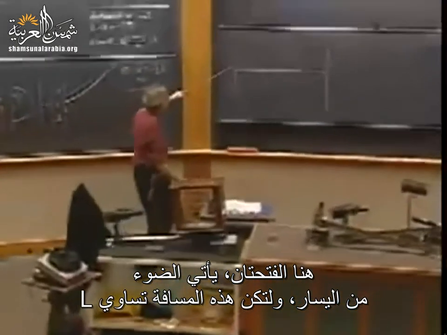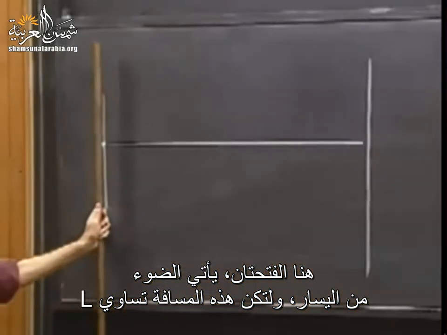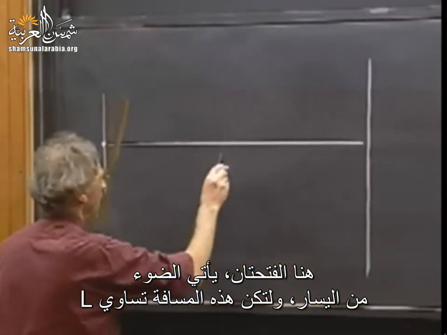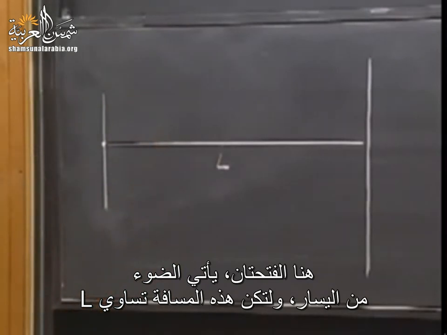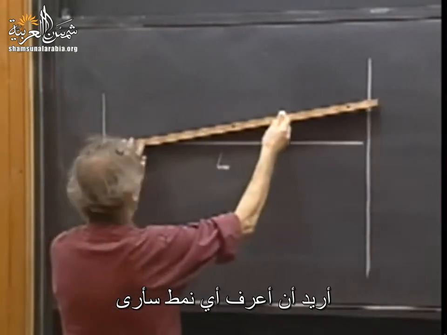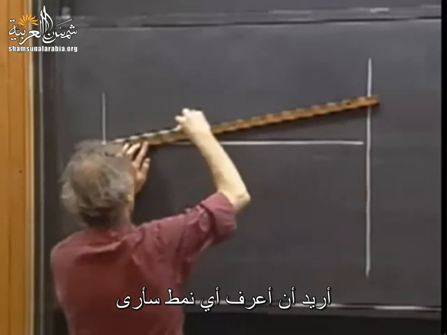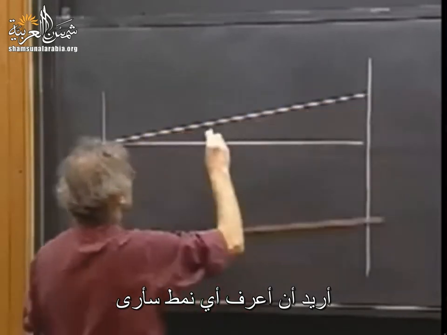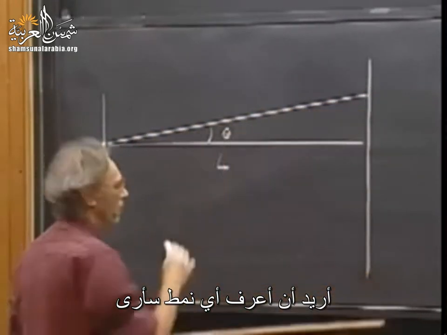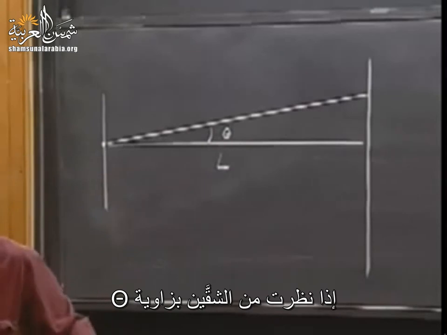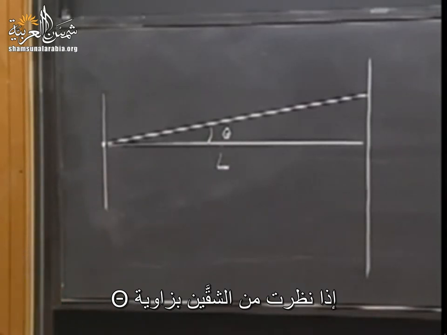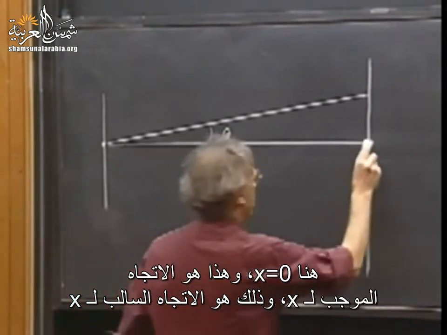And so here are these 2 openings. So light comes in from the left. And let this distance be L. And so I want to know, if I look under an angle theta, as seen from the slits, I want to know what kind of pattern I will see. Let's call this x equals 0.